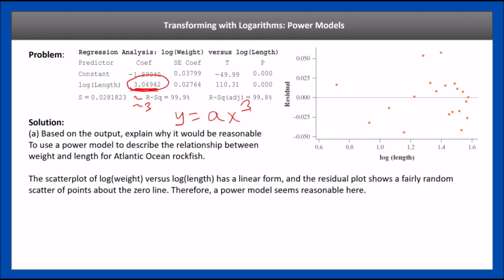You can also say 3.05, but again, that's close enough to 3 that we can just say ax to the third power, right? Because remember, 3.05 is not going to be a power model anymore. N has to be an integer for this to work, right? So it has to be 1, 2, 3, or so on, for it to be a power model. So that's about 3. Okay, so a power model seems reasonable here.